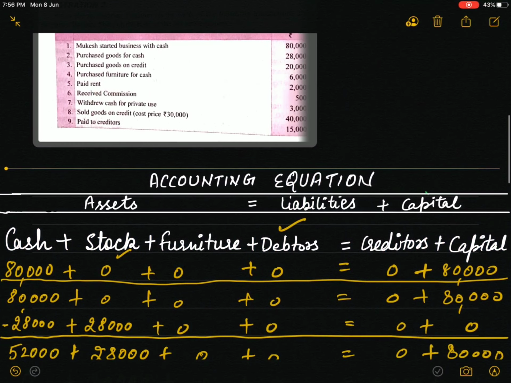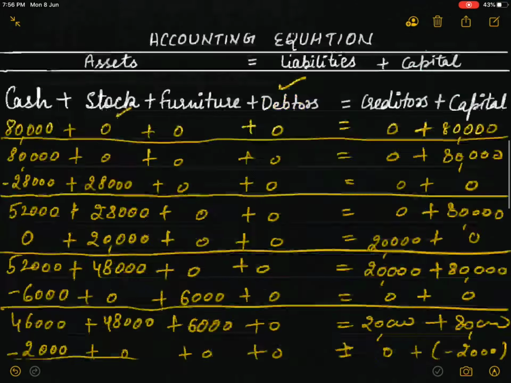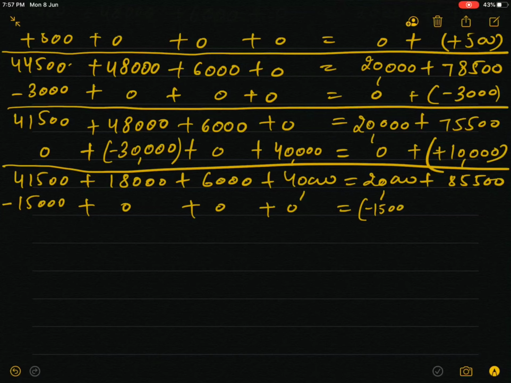The last transaction is paid to the creditors. When we pay to the creditors, the amount is going out, 15,000 minus from the cash. No effect on the others, and it is also deducted from the creditors because creditors are reduced by 15,000.